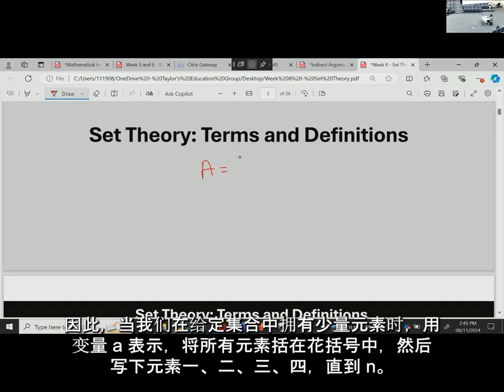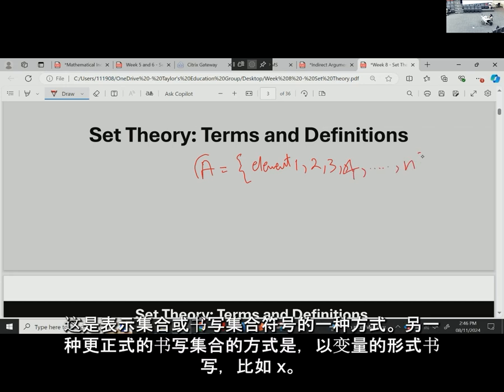So when we have a small number of elements in a given set represented with variable A, you enclose all the elements in curly brackets and write down your elements 1, 2, 3, 4, up to n. So this is one way of representing a set, or writing the set notation.